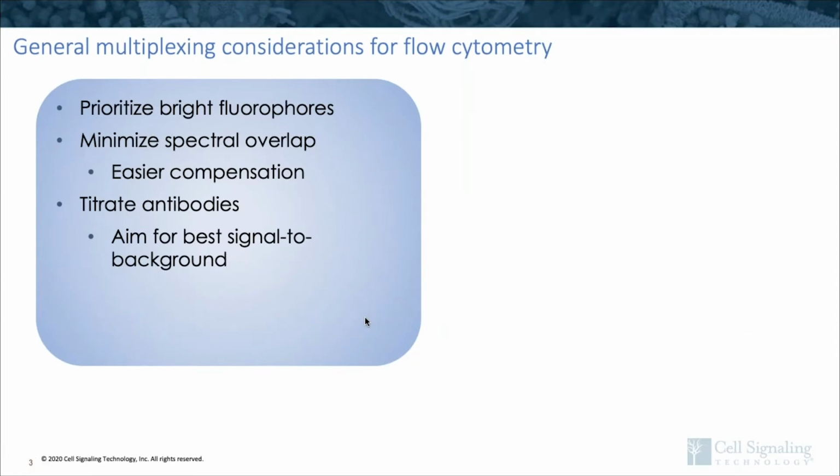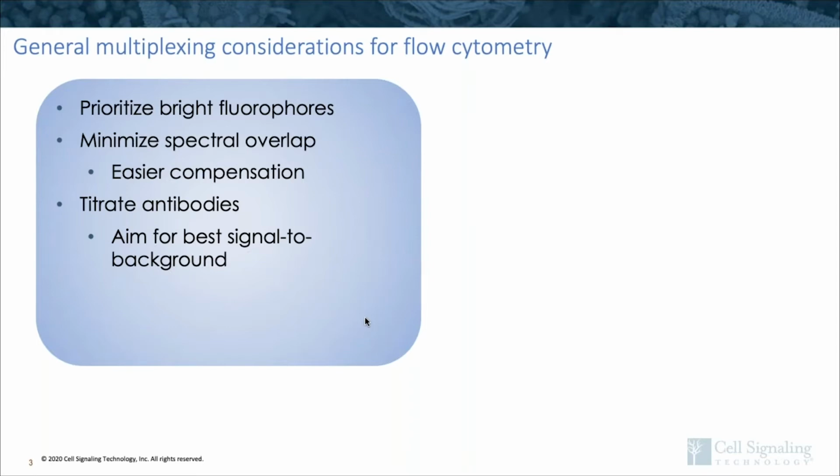You're also going to want to make sure to titrate antibodies. So at CST, we generally will give you a recommended concentration range for use, but this is not going to be ideal for every single panel out there or every different cell type out there. So I'd recommend titrating on a known negative and positive that should be ideally somewhat similar to the type of sample that you're looking at.